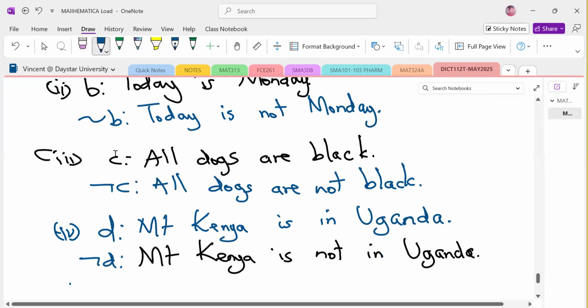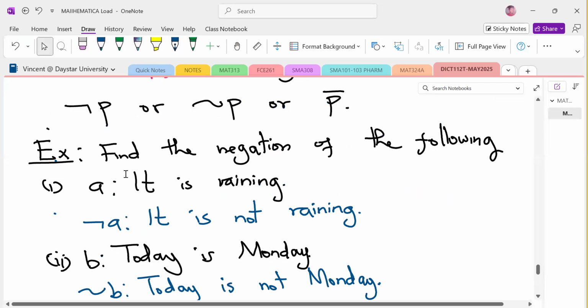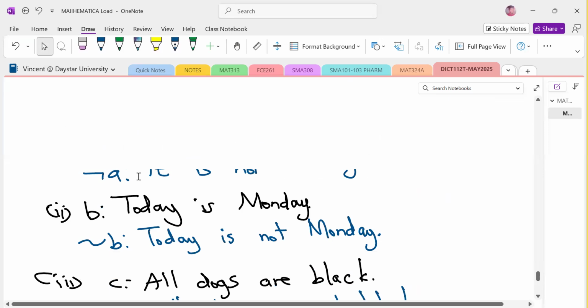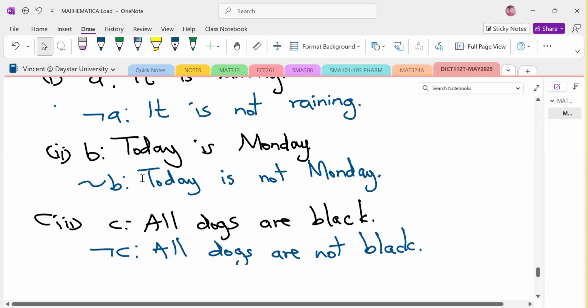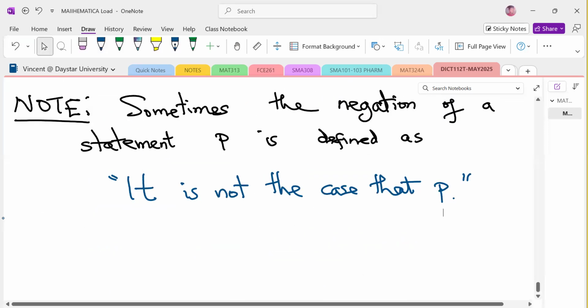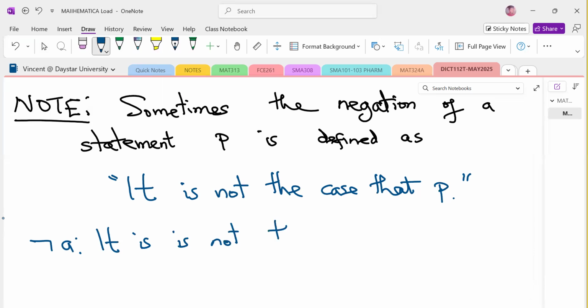So for example, from this first statement, we say that A is a statement, it is raining. If you don't want to say the negation is it's not raining, you can as well say the negation of statement A is a statement, it is not the case that it is raining.